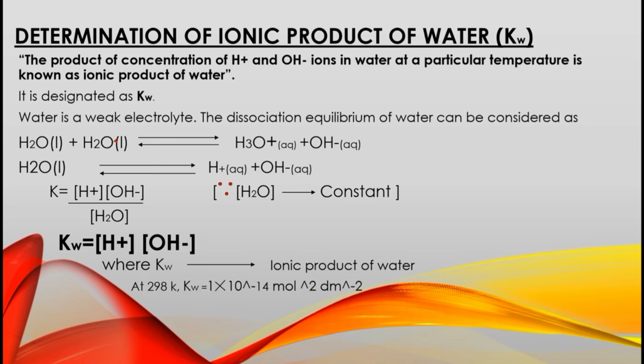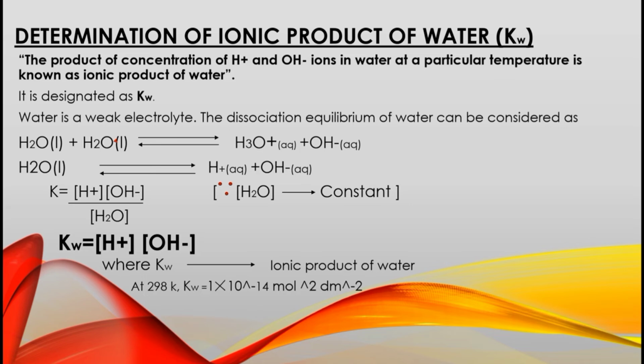Next, H2O gives H+ and OH-, and we get the equilibrium constant as [H+][OH-] divided by [H2O], the product divided by the reactant, where H2O is taken as constant.